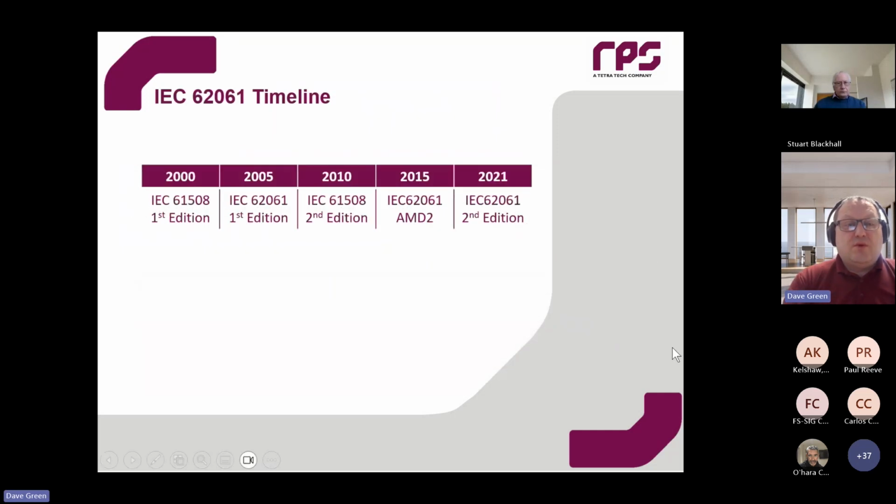So just having a quick look at the timeline for this standard, where does it come out? So IEC 61508, which is the standard that it's based upon, all 7 parts of the first edition were released by the year 2000. 62061 was then written on the basis of 61508 for the machinery sector, and that was released as the first edition in 2005.